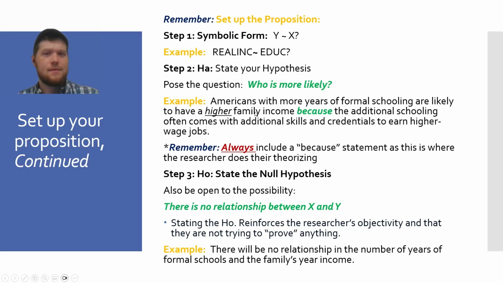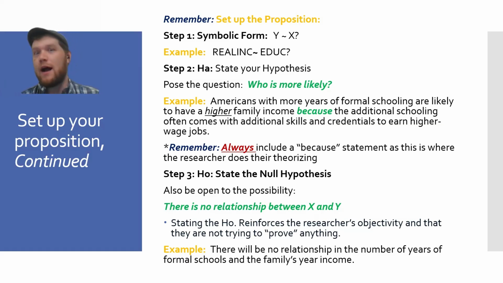State your hypotheses. Americans with more years of formal schooling are likely to have a higher family income because traditional or additional schooling often comes with additional skills and credentials that earn higher wage jobs. That makes easy sense as a sociological argument. I'm not even using numbers here.